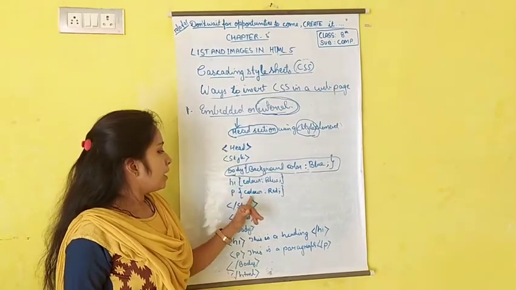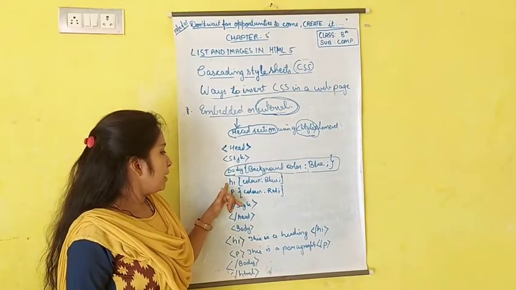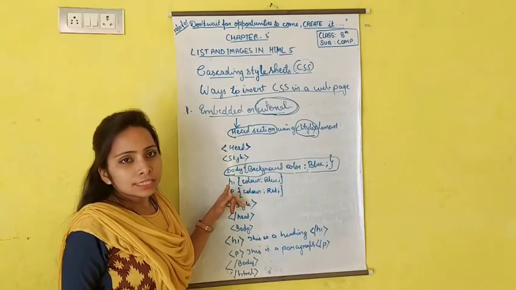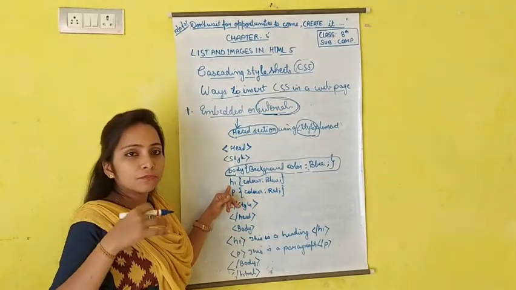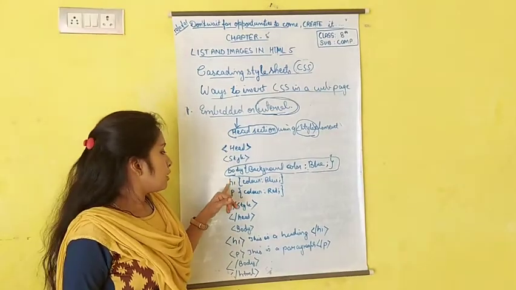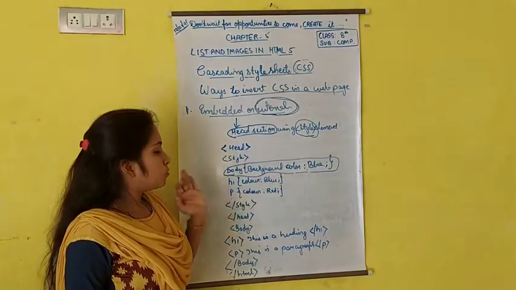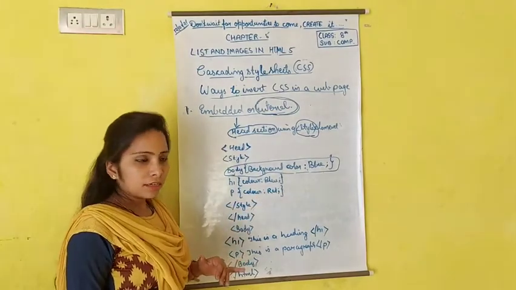Then P, color red. H1 is heading. Suppose we want the heading with a different color, and the paragraph words with a different color. So here H1 will be used and this H1 color blue. Then P for paragraph, color red. Clear?